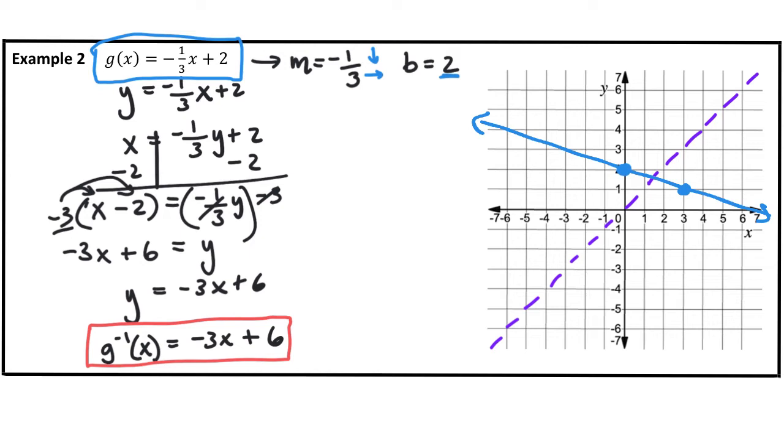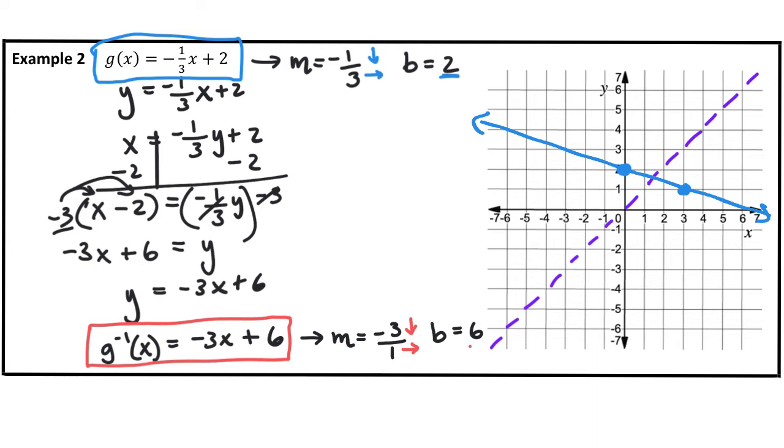Okay. And then let's see what the inverse tells us. The inverse tells me that my slope is negative 3 and my y-intercept is 6. But the negative 3 has a 1 underneath, so that tells me to go down 3 and to the right 1.